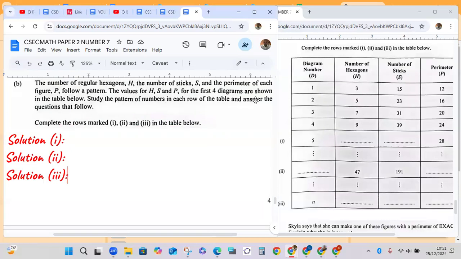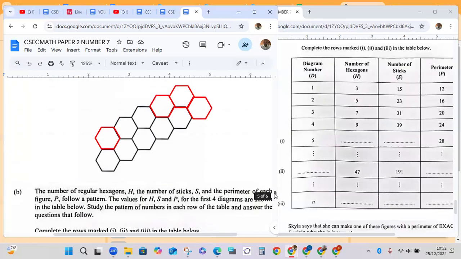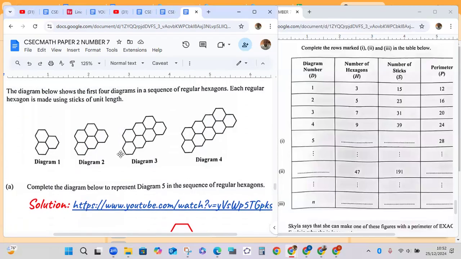Now it says, for the first 4 diagrams that are shown in the table, the values of H, S, and P were given. So here they are. Number of hexagons for diagram 1, the default diagram, is 3. And the number of sticks is 15. And the perimeter now is 12.